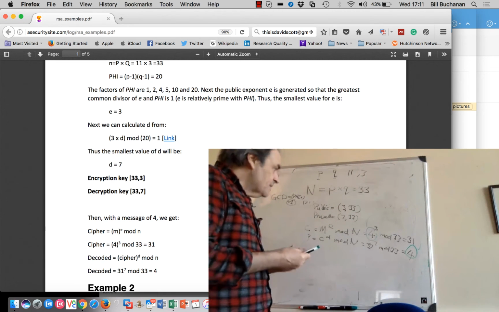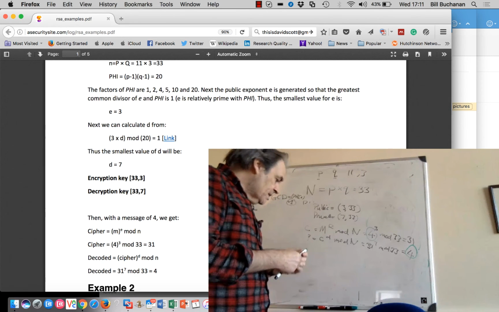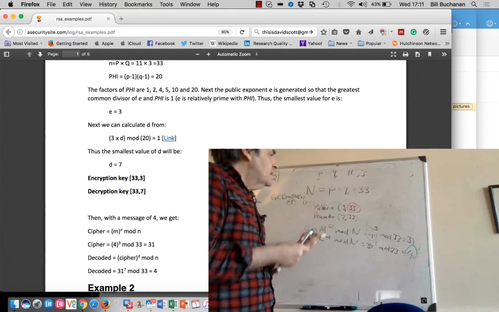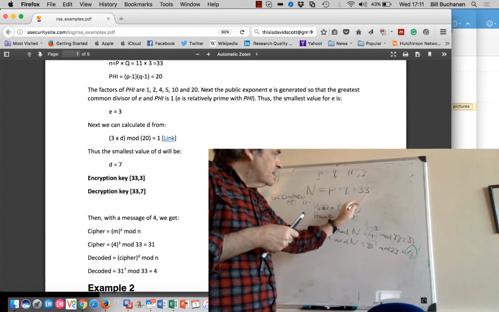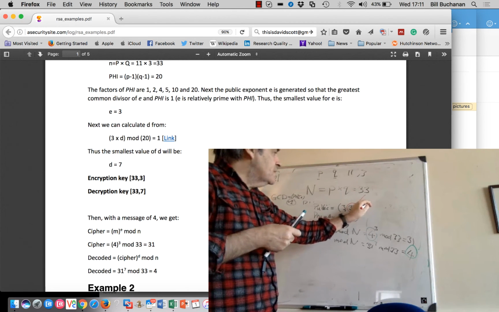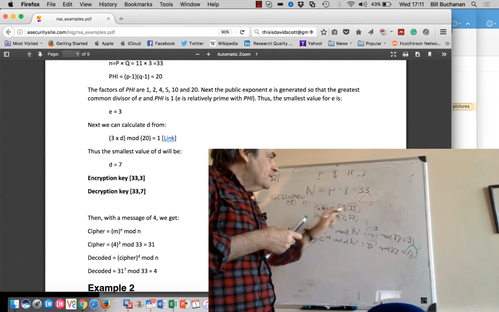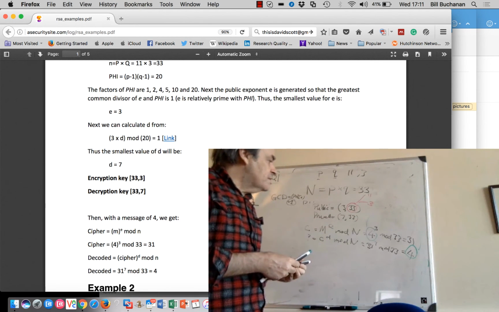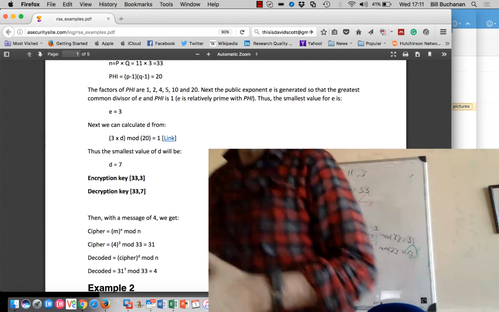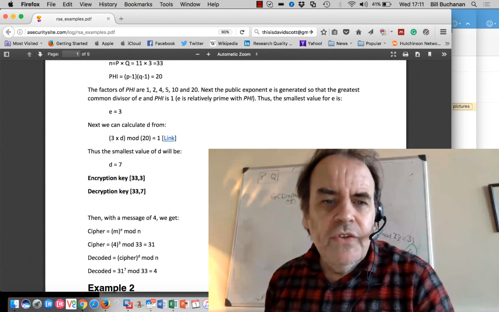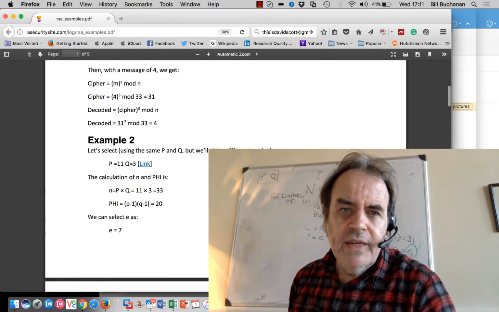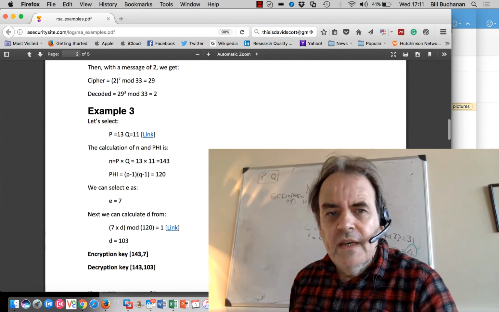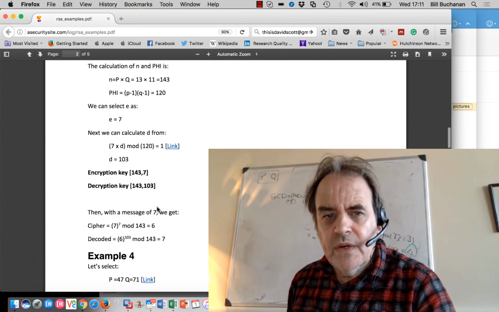The strength of it, of course, is that we're giving away our n value. So if someone can factorize it into the prime numbers that were used, then they can obviously crack our encryption. There should be examples given on this page that you can have a look at and see how it works.